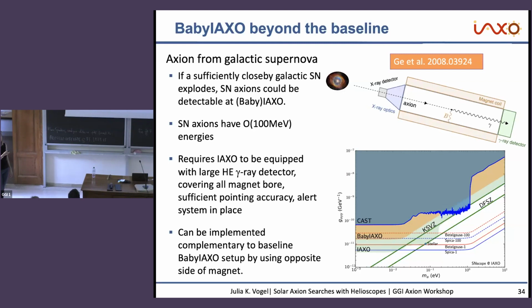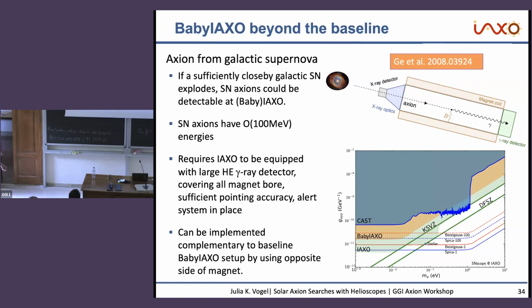But this could be set up in IAXO complementary to our normal setup. As you remember from before, we have our X-ray optics in IAXO on one side and the X-ray detectors, and we could just mount a gamma ray detector on the other side and then track a supernova. There are still some things that we would have to check, making sure the pointing accuracy is sufficient, but I don't think that should be a problem.